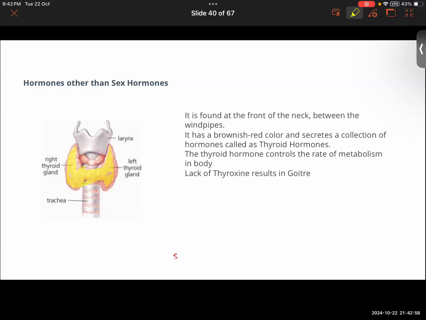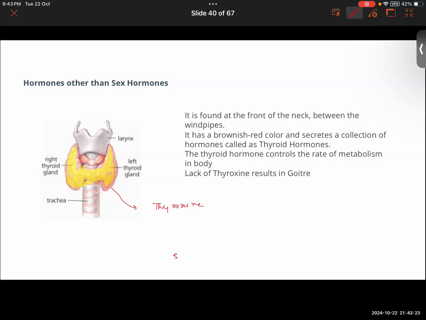It has a brownish red color, and it secretes a collection of hormones called thyroid hormones. Several types of hormones are secreted by the thyroid gland. The main hormone secreted by the thyroid gland is called thyroxine. What do we call this? The thyroxine hormone is secreted by this.